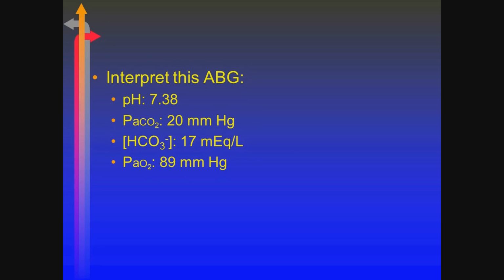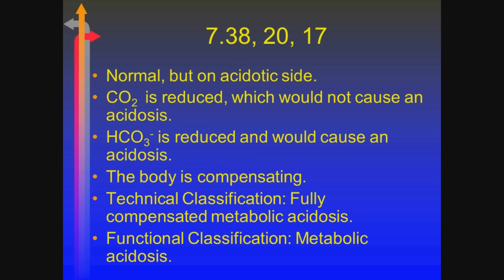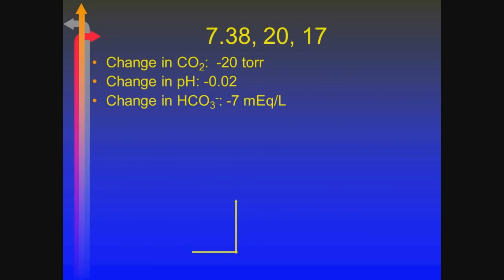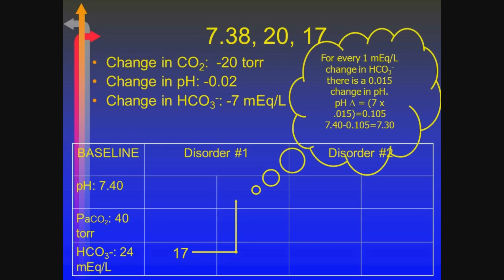Fully compensated metabolic acidosis. Okay, good. The acidotic side is not the CO2, but rather the bicarb. There is compensation present, so we're going to call it a fully compensated metabolic acidosis. Let's go through our process, starting with the bicarbonate now, not the CO2.